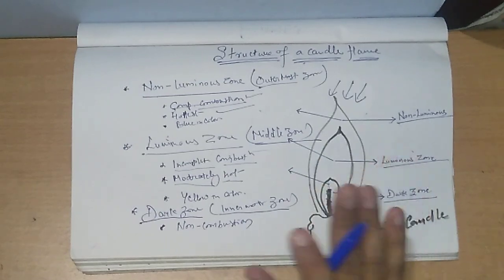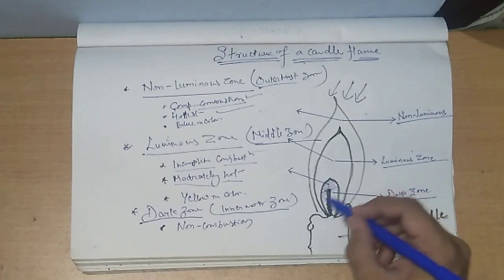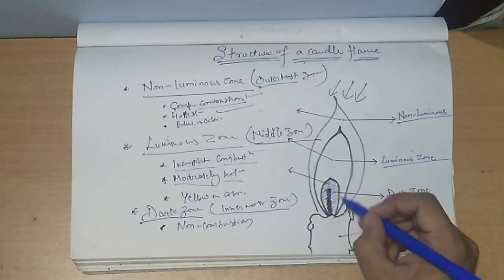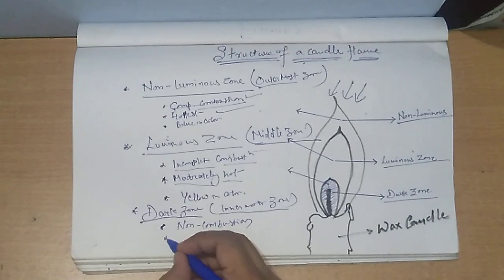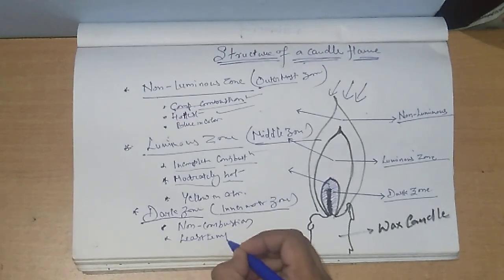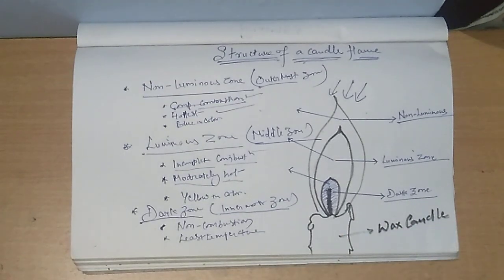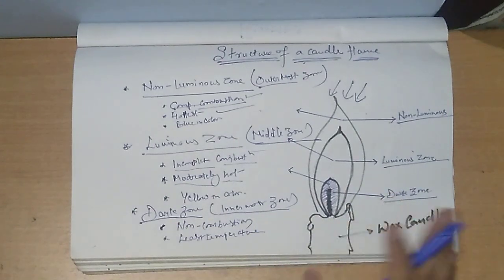Clear? It covers the area surrounding the wick. Basically, the area which surrounds the wick is called the dark zone. Clear? And it has the least temperature. Least temperature means least efficient, because there is no combustion taking place, so no heat is produced over there.